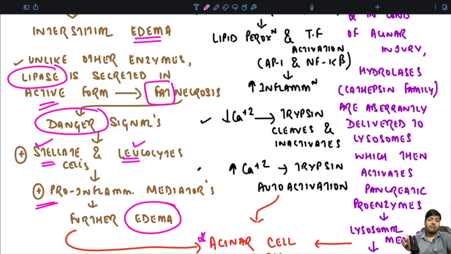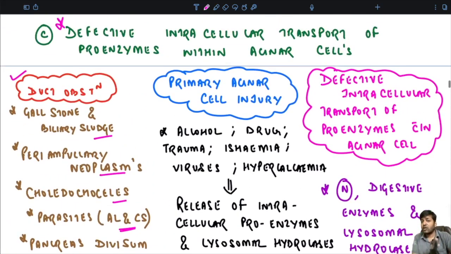Once the mediators of inflammation are there, they are going to damage the endothelial cells, causing further edema, and that is going to further compromise the flow of blood, leading to more acinar cell injury. So this is the number one mechanism, that is the duct obstruction.